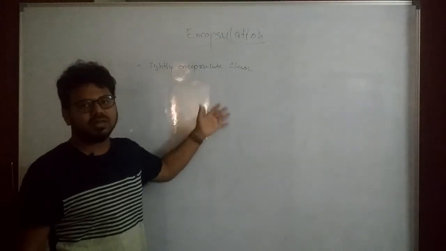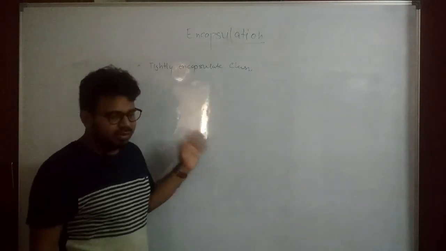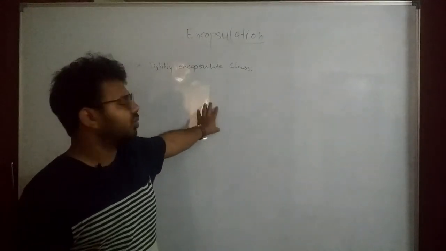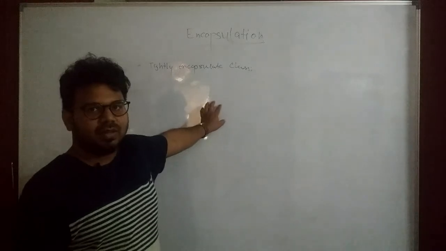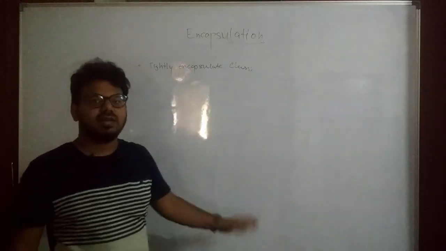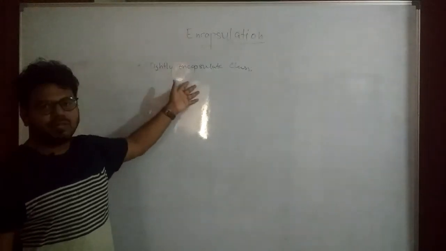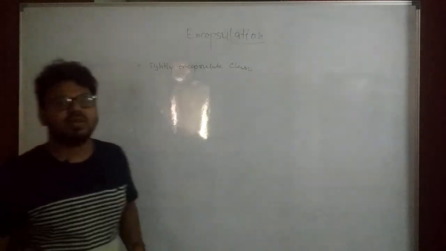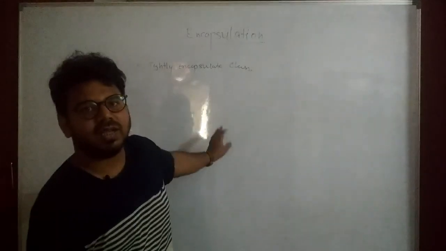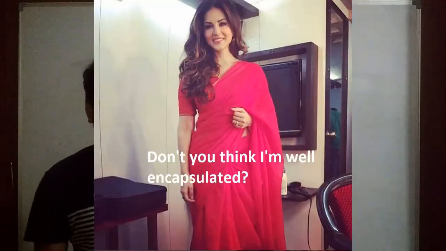Suppose we have a class with 10 instance variables, and all of them are private. To access and modify those variables, we provide getters and setters in that class. So this class is a tightly encapsulated class, because all the instance variables are private, just like Sunny Leone in this picture.